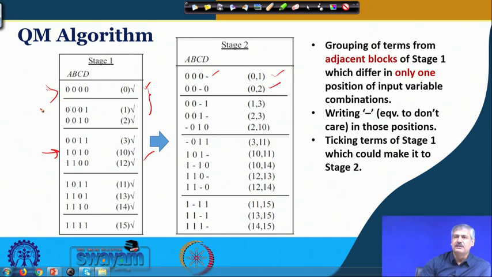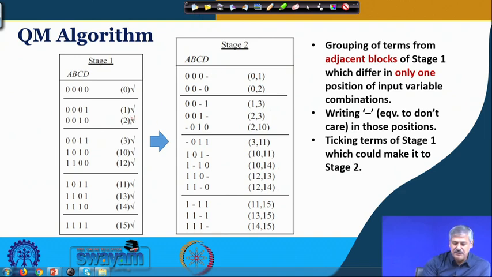Subsequent blocks are differing by at least 2 positions, not 1 position, so they cannot be grouped with this first block. So, we are not considering them.